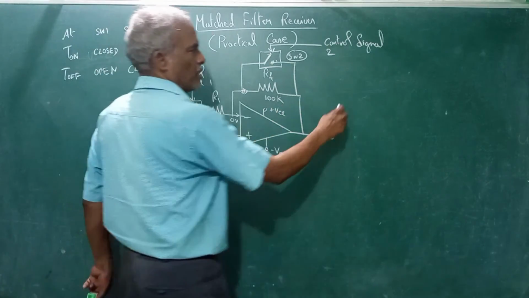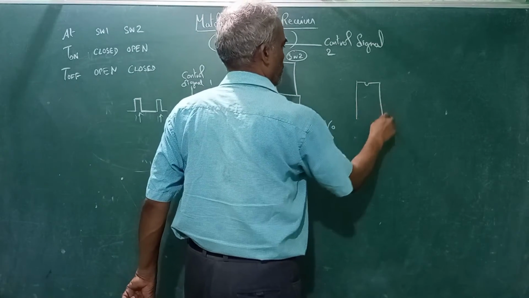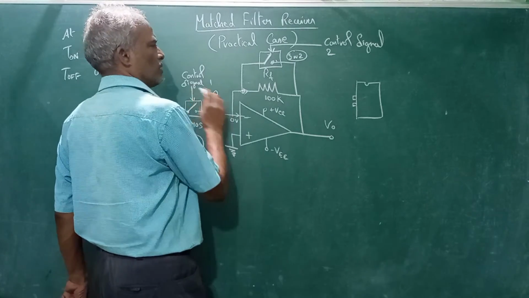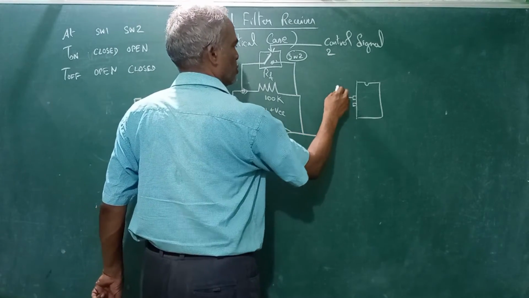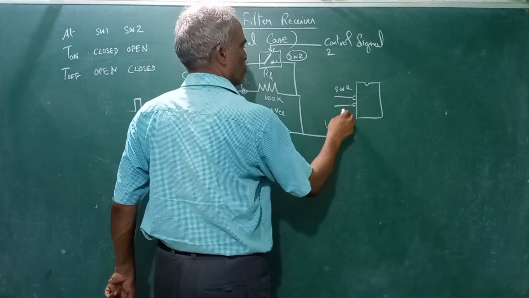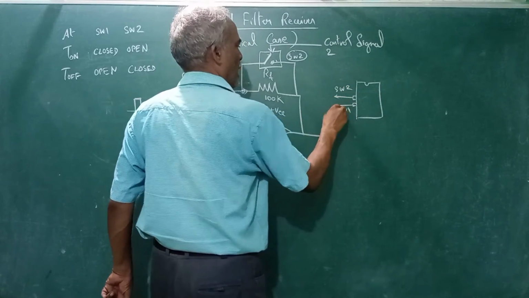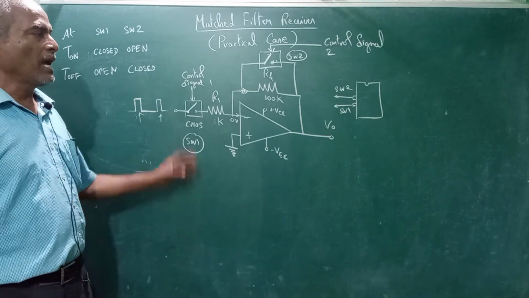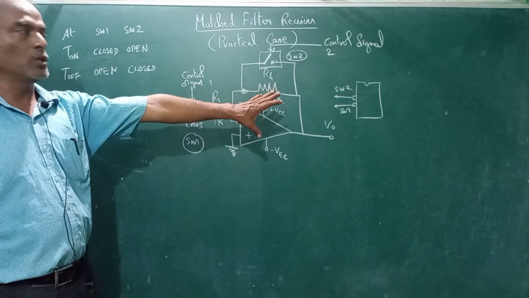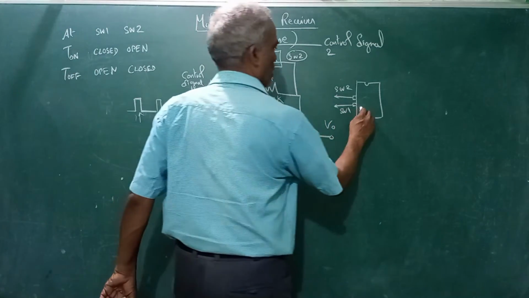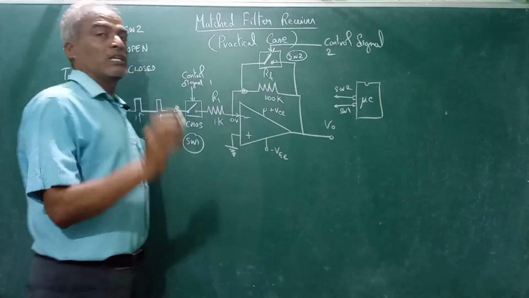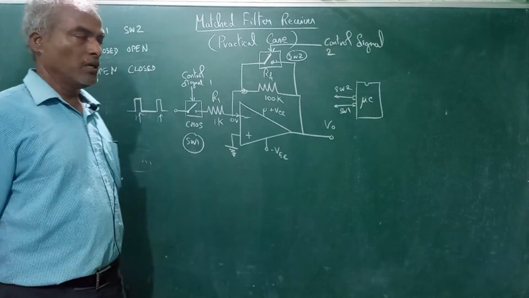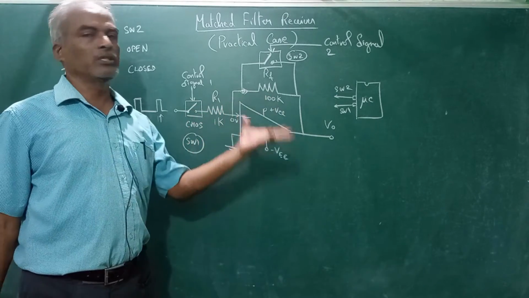Generally we need a microcontroller. You can assign 2 port pins, one for the control signal of switch 2 and the other for switch 1. We know at which point the signal is expected to come, and that information has to be provided to the microcontroller, and only then can it actuate switch 1 and switch 2.